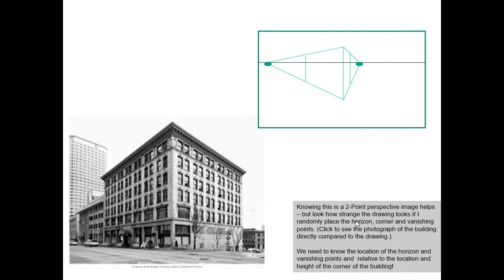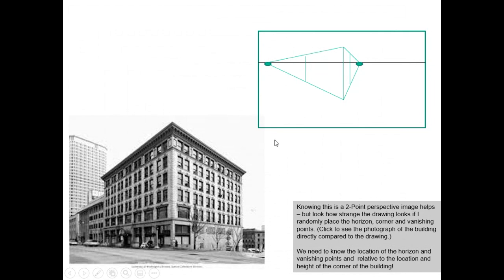So if I were to draw it and just kind of freehand things, does this look like that building? Not exactly. It's not exactly right. And you can tell that I don't have the top angles correct, and I don't have the length of the walls correct.